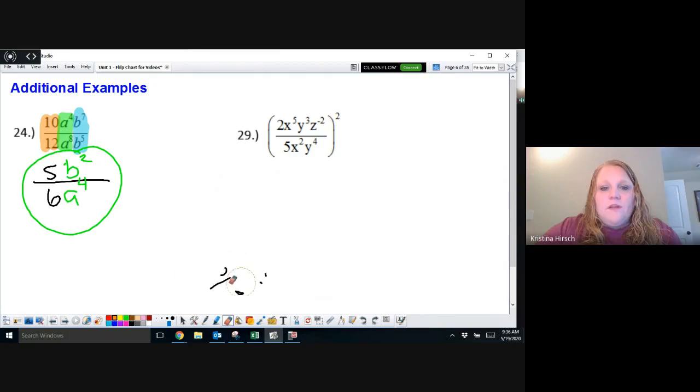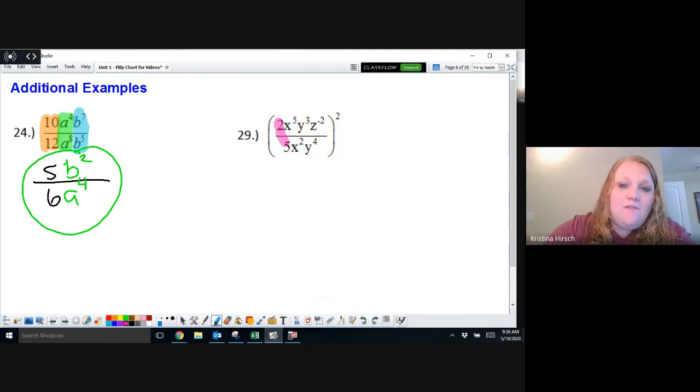All right, so for this next example, we have things in the parentheses that have common terms, and we also have this exponent up here. So I'm going to work within my parentheses first.